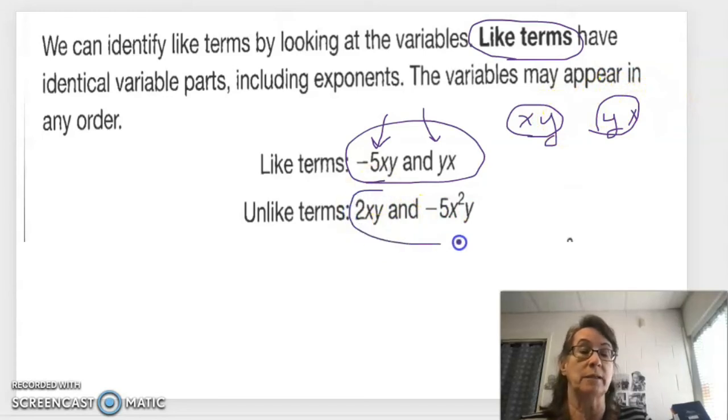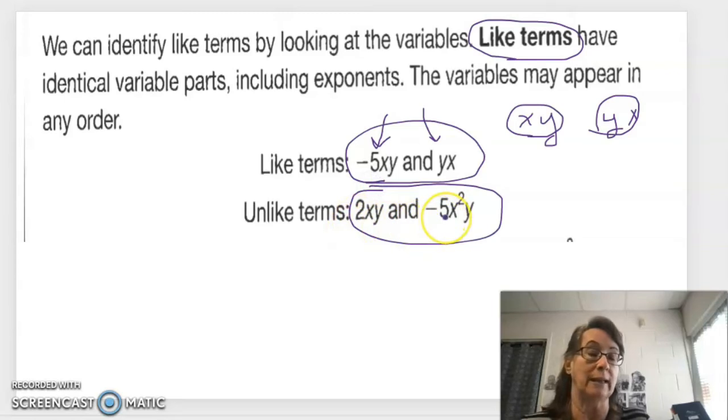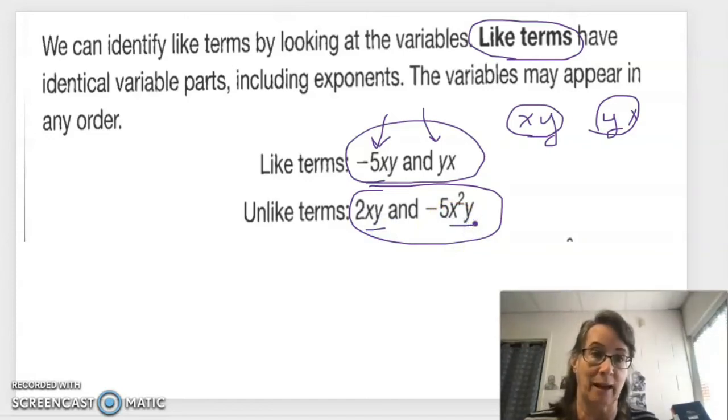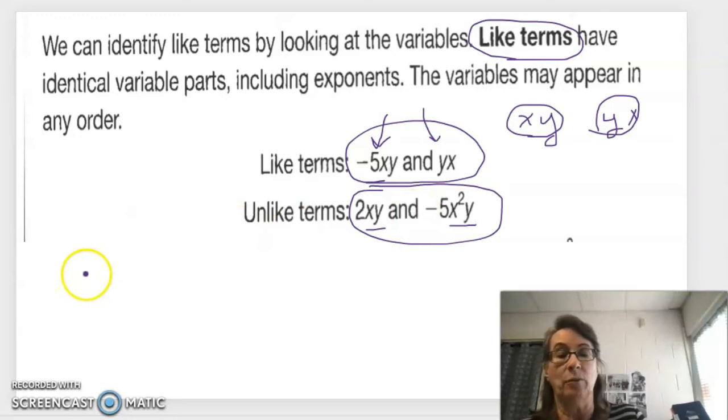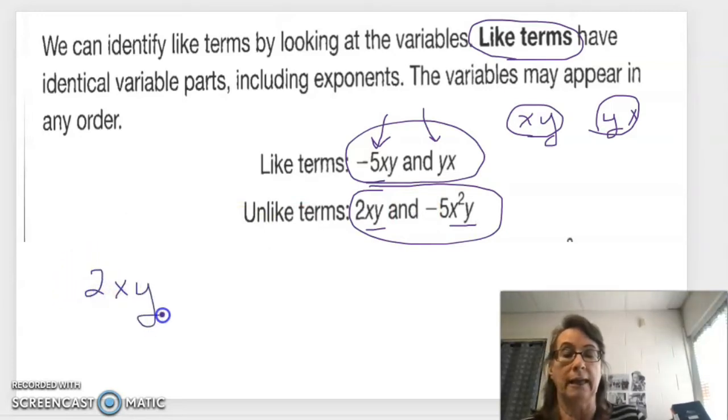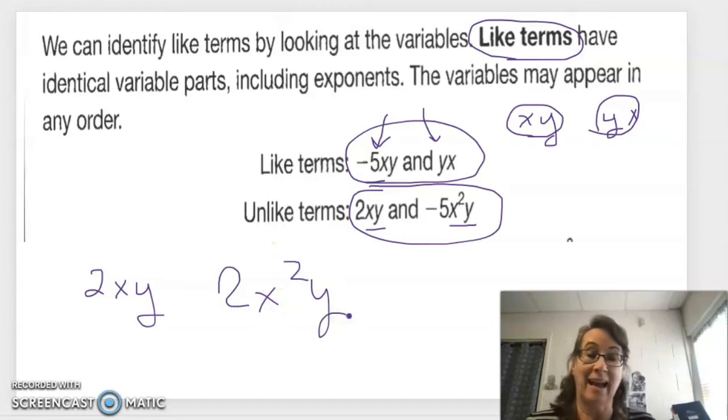Unlike terms would be these, not because there's a 2 and a negative 5, but because there's an xy and an x squared y. So that x squared y is really not an xy, is it? So likewise, 2xy and 2x squared y are not like terms.